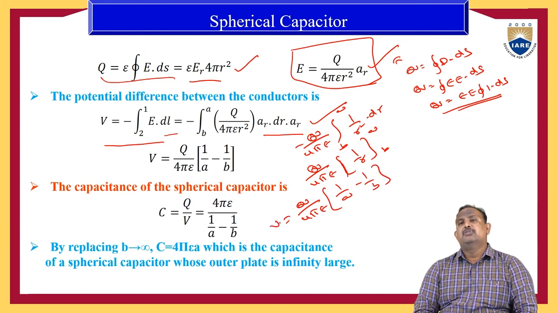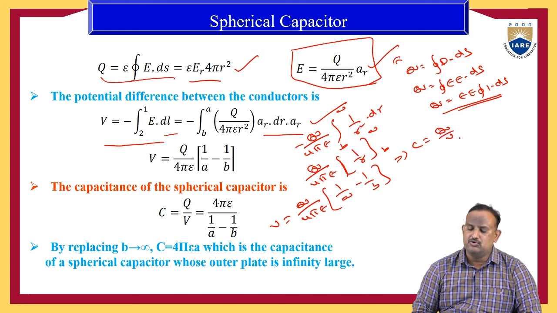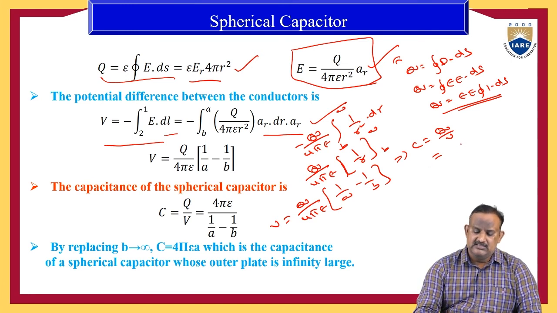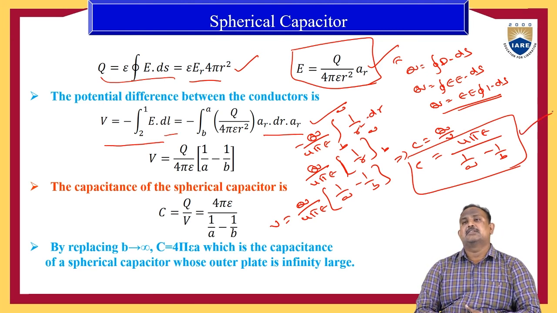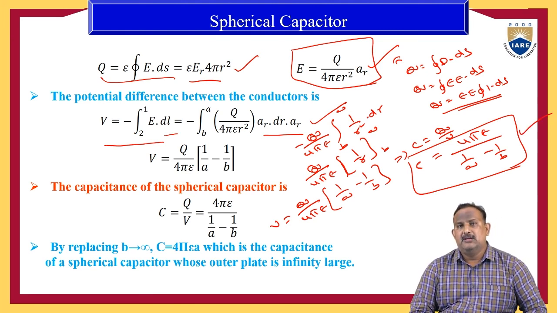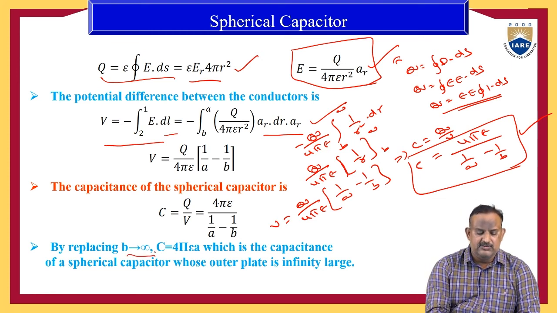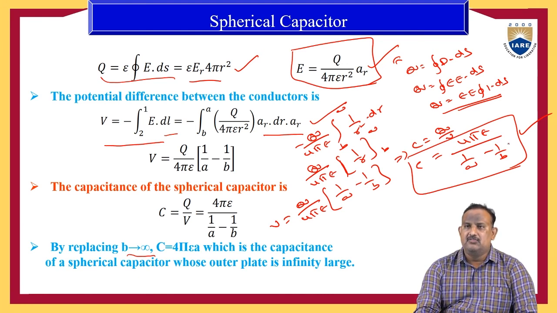We know that the capacitance C is equal to Q by V. Therefore, the capacitance of a spherical capacitor C is equal to 4 pi epsilon by 1 by A minus 1 by B, which is the capacitance of a concentric spherical capacitor. If B tends to infinity, 1 by infinity is equal to 0.